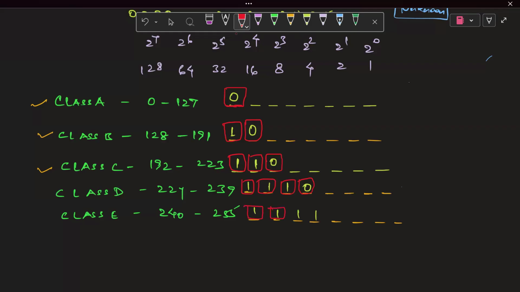That's why I have to reserve all these first 4 bits. This is the criteria. And this is how each class has a separate range where certain bits will be reserved. Clear? Everyone? Online students, clear? Yeah.